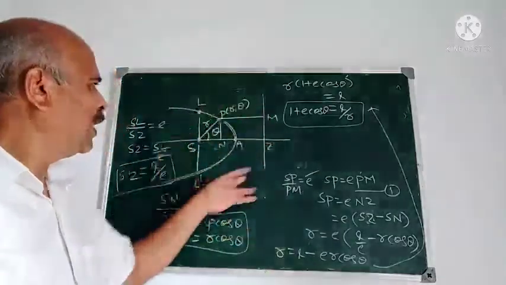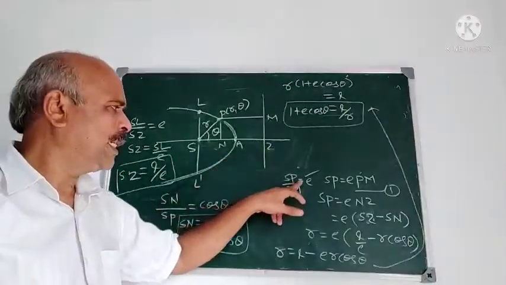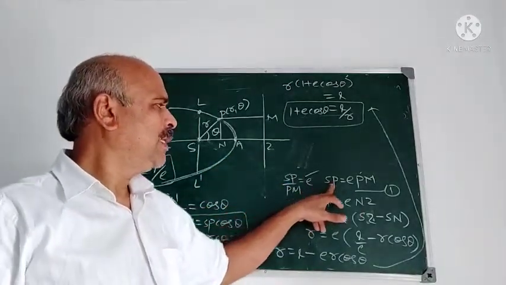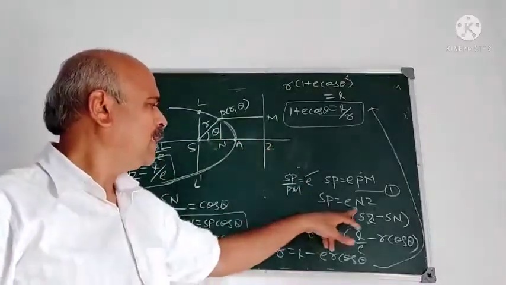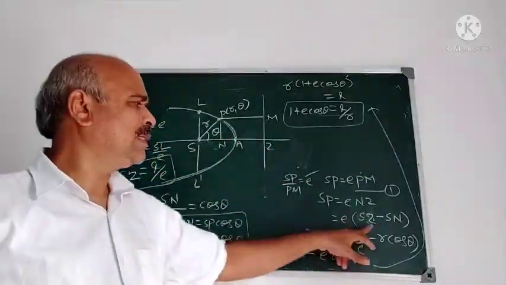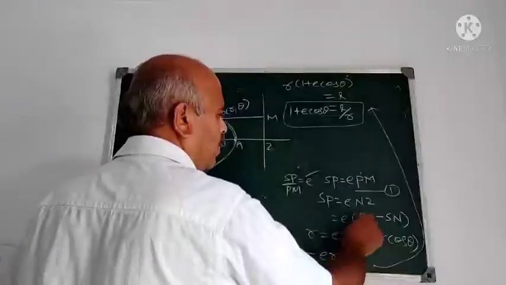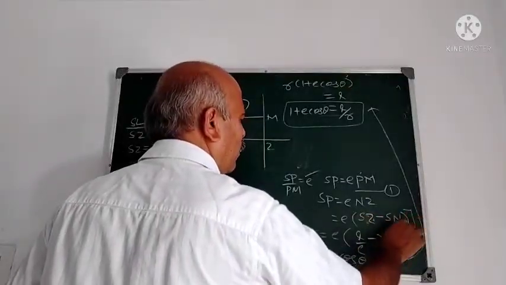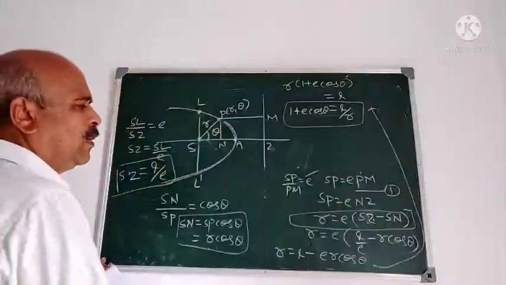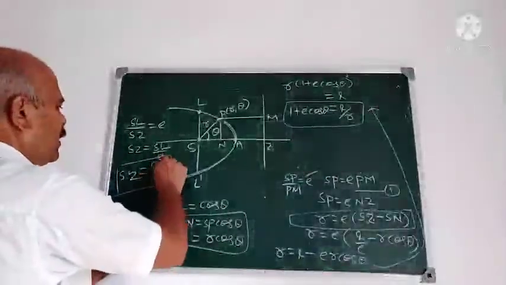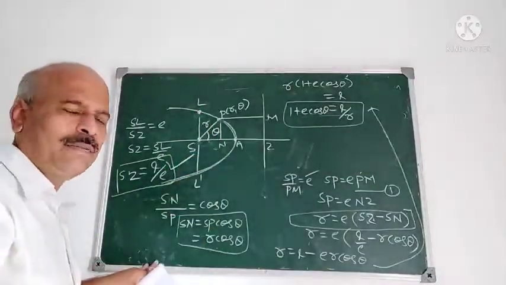So how have we derived this one? I think you have followed this diagram. We started with SP by PM is E, so SP is E into PM. PM is equal to NZ from the figure. NZ is again SZ minus SN from the figure. From this step we kept SP as R, and obtained SZ as L by E, where L is the semi-latus rectum.